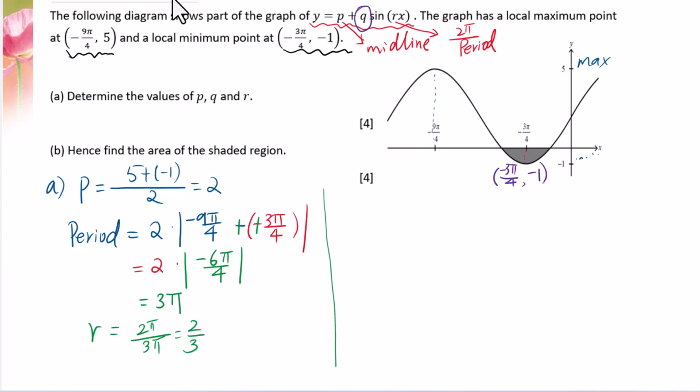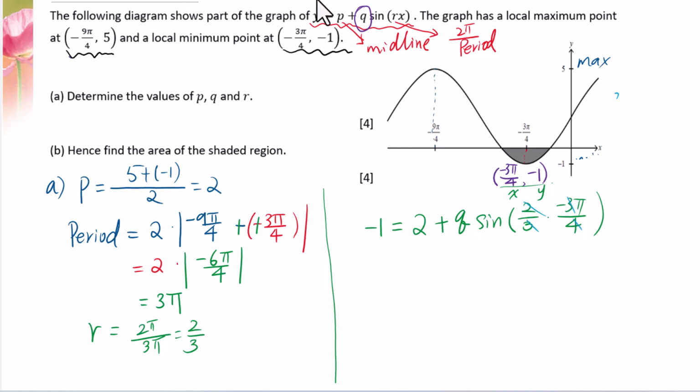Then we will use this point to do the substitution. With x, y as -3 pi over 4, -1: -1 equals 2 plus q times sine of (2 over 3 times -3 pi over 4). Then reduce.